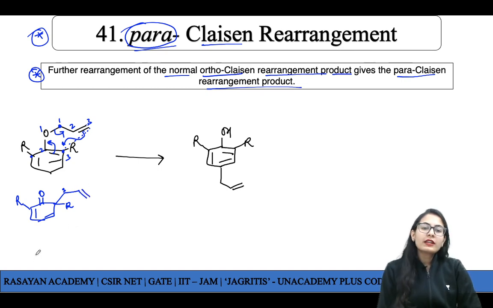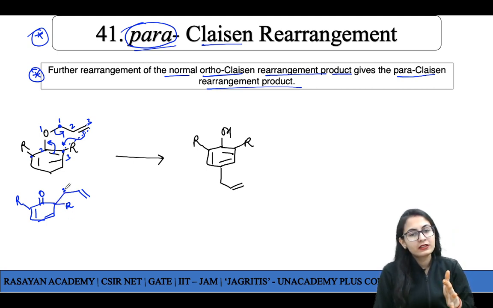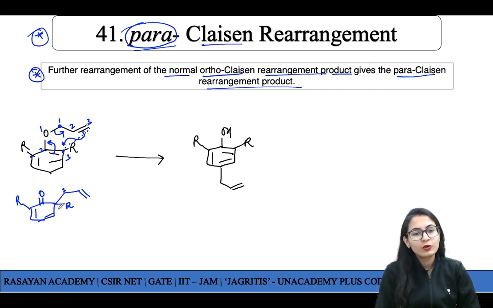So this is your intermediate actually, because now the rearomatization cannot happen, the R group cannot be lost, this cannot be lost, hence you will again move onwards and see a possibility of the Cope rearrangement. Now we won't call it Claisen rearrangement because there is no more oxygen over here. Let me just rearrange the molecule in a way so that we understand and very clearly see.